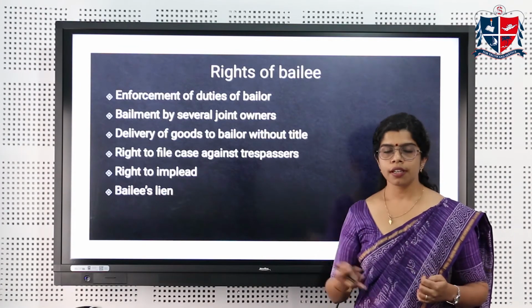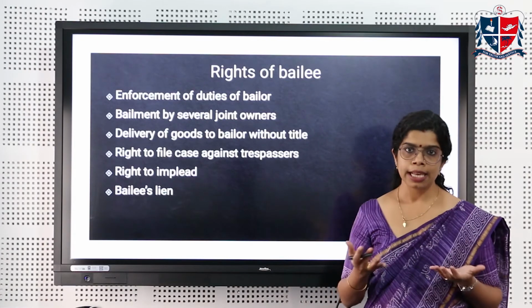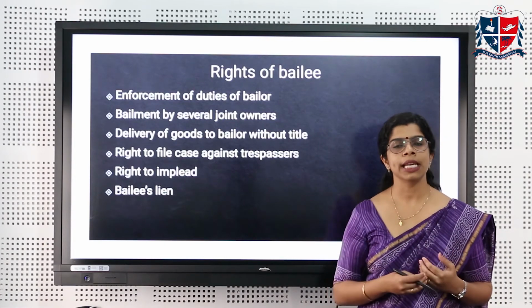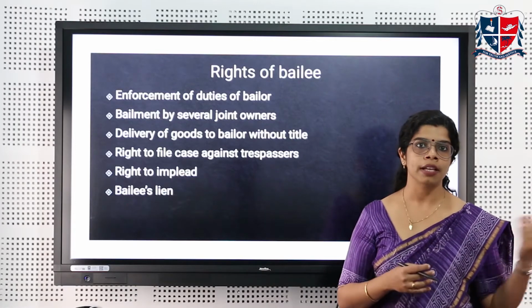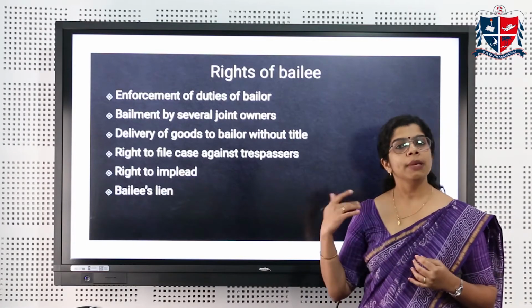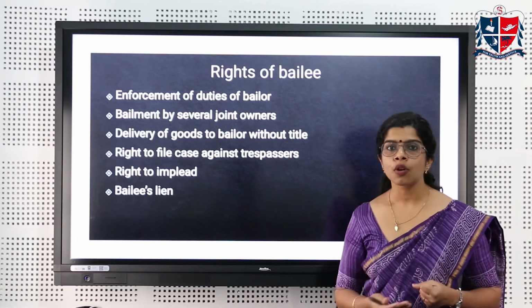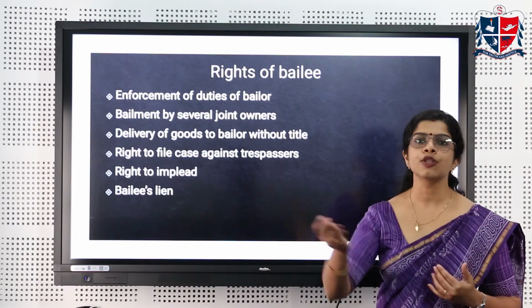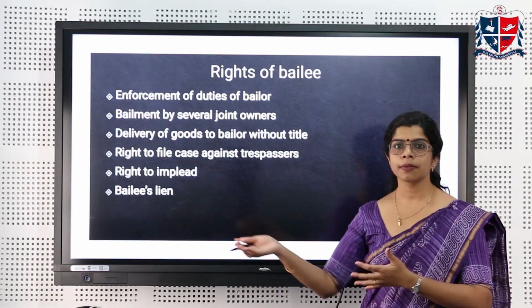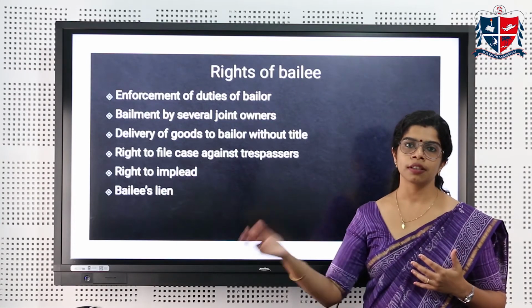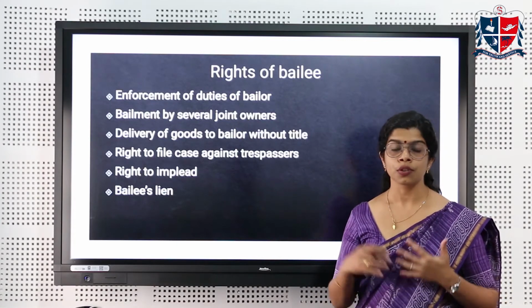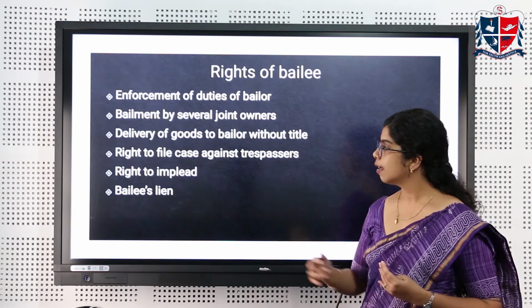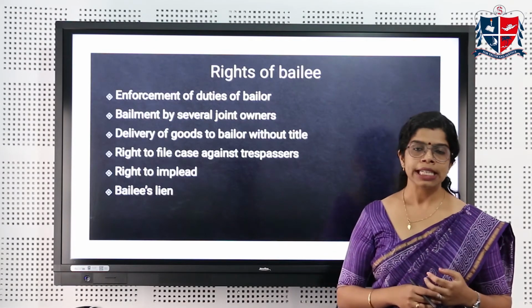If a third person comes and claims the goods, telling the bailee that the goods belong to him and not the bailor, then the bailee has the right to go to the court and stop the delivery of goods from the bailee to the bailor, and maybe act in favor of the new owner, the true owner of the goods.